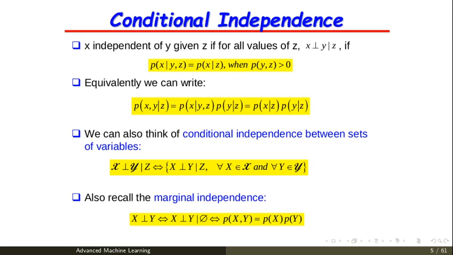This set of variables is independent of that set of variables, so this basically follows this definition here. And if you get rid of dependence on z, the marginal independence, basically if you take the definition, for example, p of x comma y is p of x into p of y. Okay.